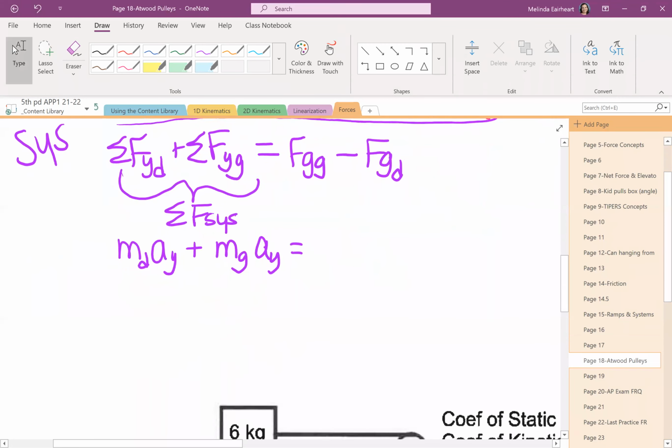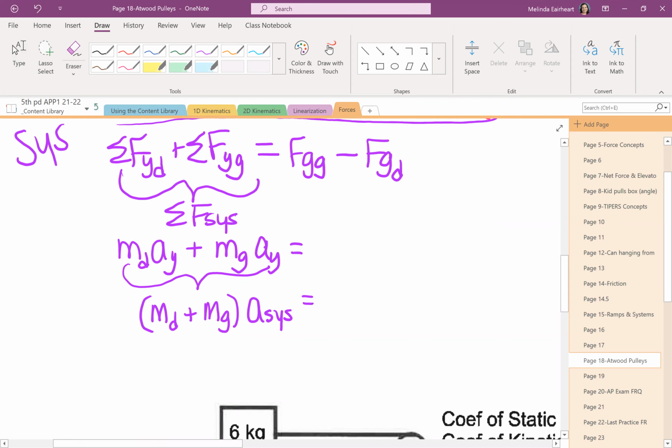Well, they're going to accelerate together, similar to our two books. And so you could view it as duck plus gazelle mass, and then you've got a system acceleration.